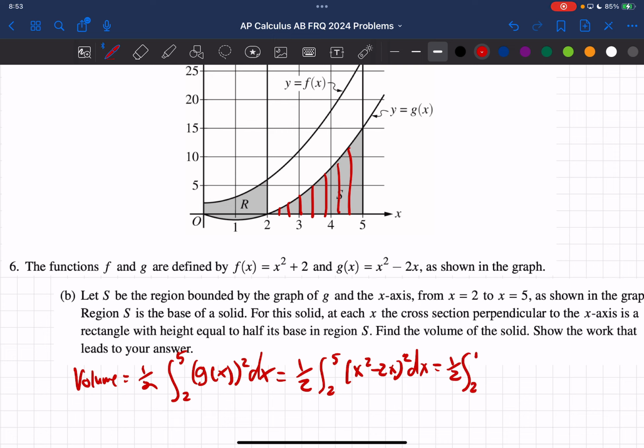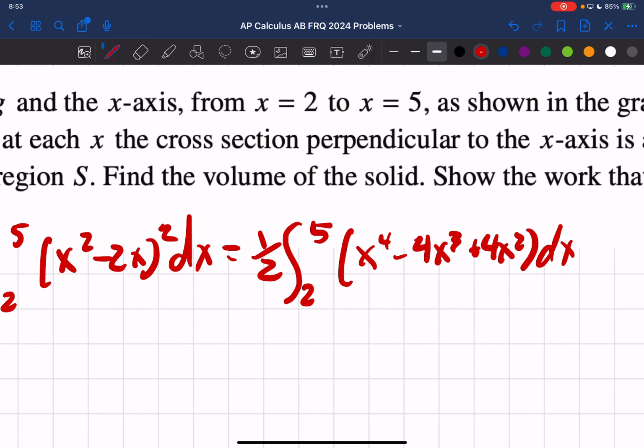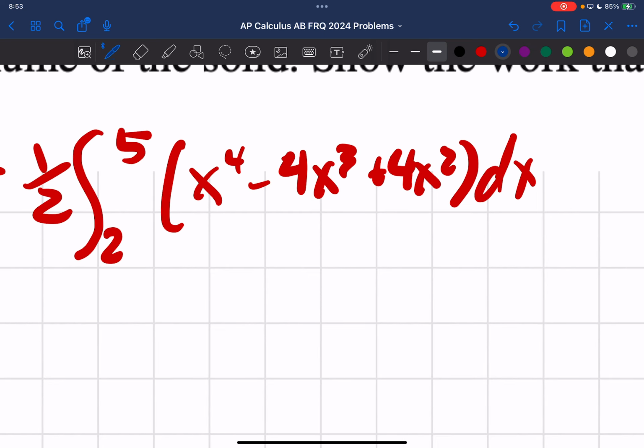So that means we are going to have to expand that out. x to the 4th minus 4x cubed plus 4x squared dx. I'm not going to worry about the 1/2 for the moment.